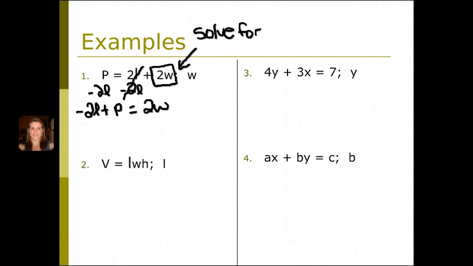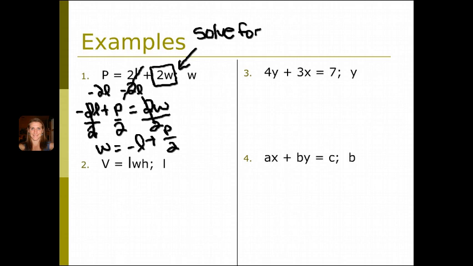Now, I rewrote the problem in ABC order because we have to have our L before the P in ABC order. We're dividing both sides by 2 to get W by itself. Okay, so we are left with W equals negative L plus P over 2 for our first example.